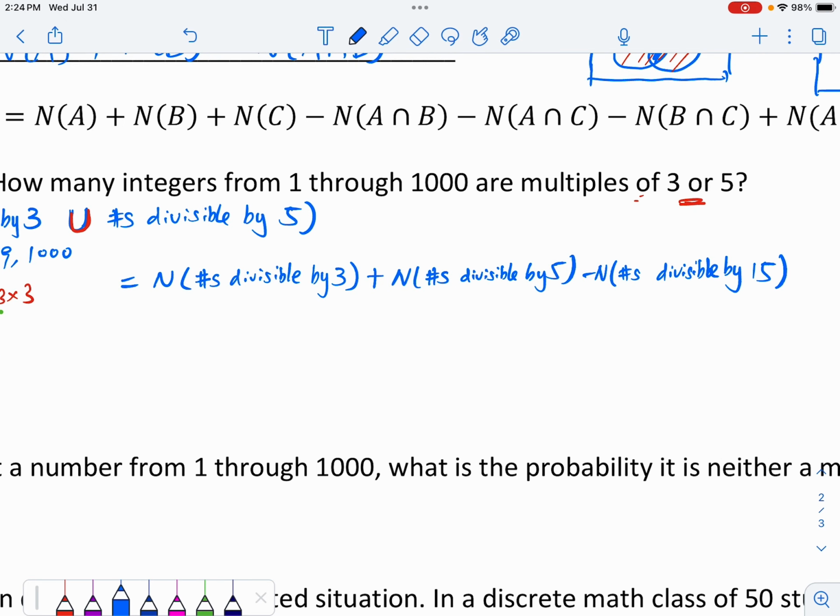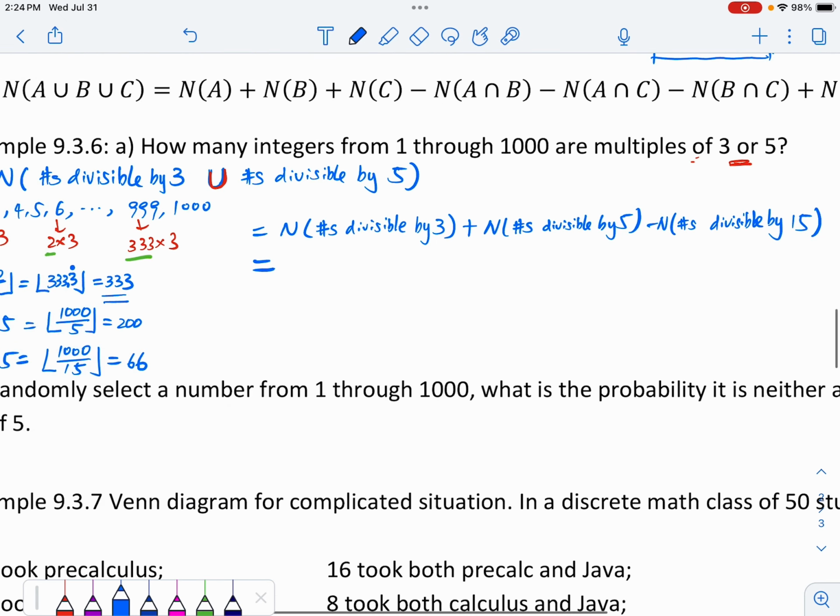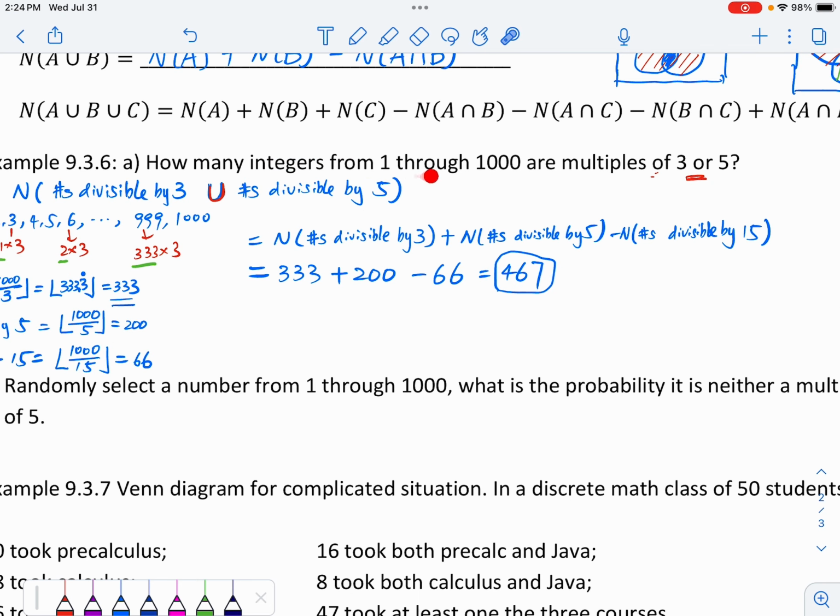And we have those numbers ready here. 333 plus 200 and then minus 66. So this is 533 minus 66, which is 467. So that's how many integers from 1 through 1,000 are multiples of 3 or 5.